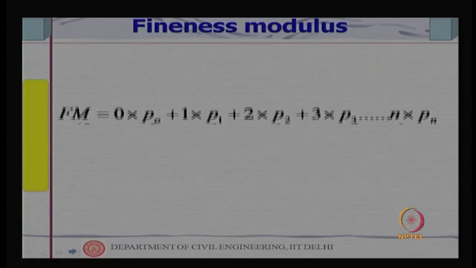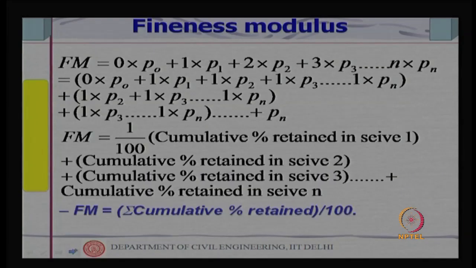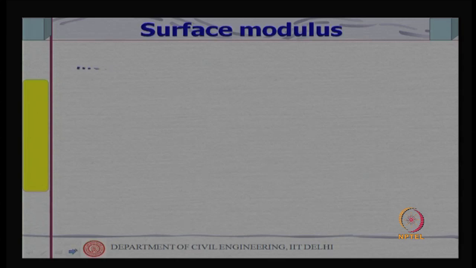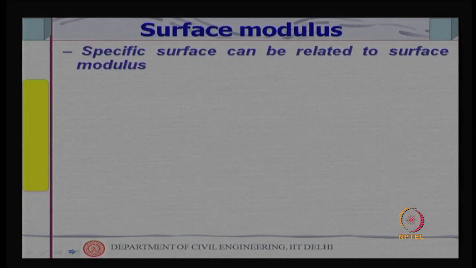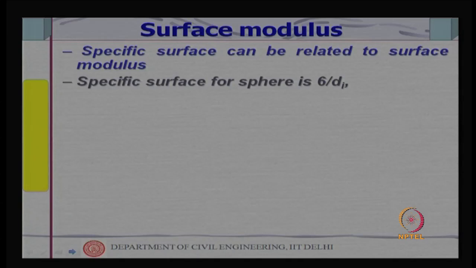called surface modulus, and surface modulus is in terms of specific surface. So, specific surface can be related to what is called surface modulus. For a sphere we know the specific surface is 6 by d_p.